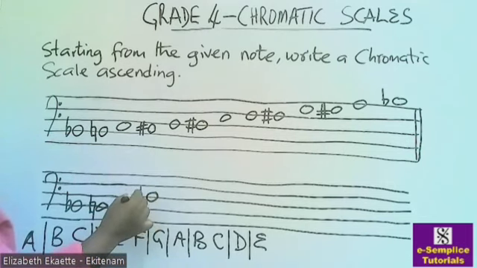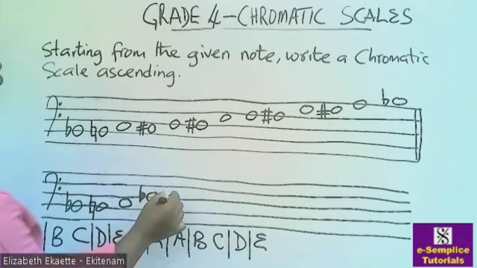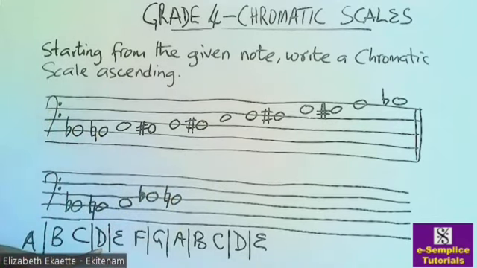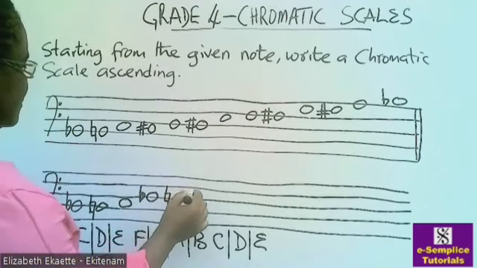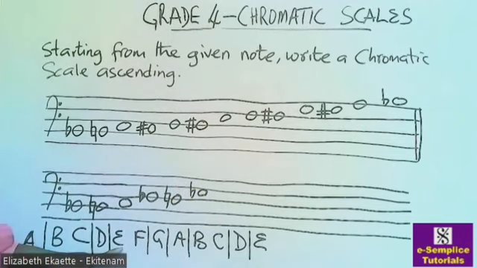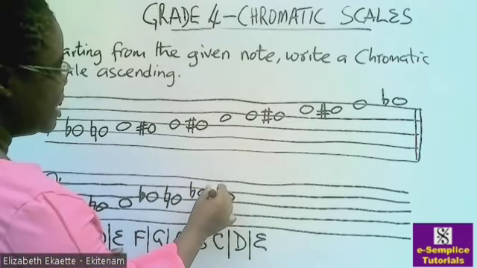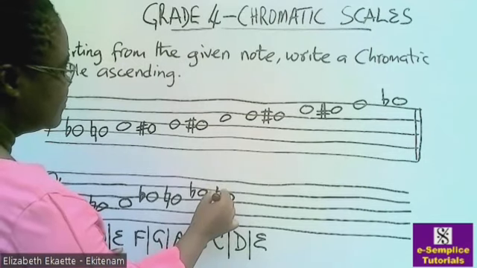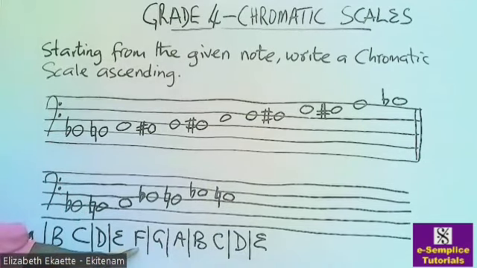And after D flat, I'll have a D with a natural sign because it's natural. After that, I'll have E flat. And after E flat, I'll have E natural. After E, I have F.